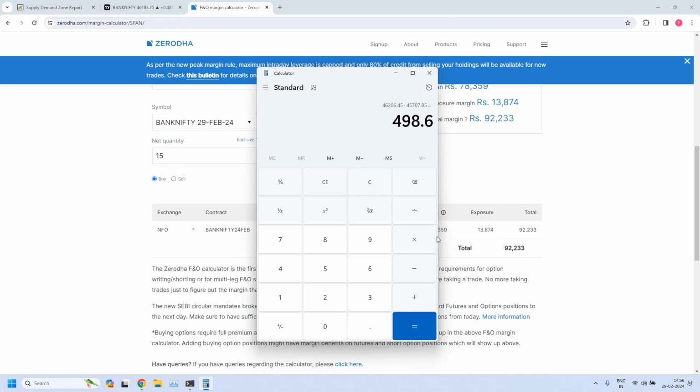So we have lot size 15 into 15. You all would have got 7,479 rupees profit. Let me note it down also because I need to maintain these values in the Excel sheet. So the profit is 7,479.